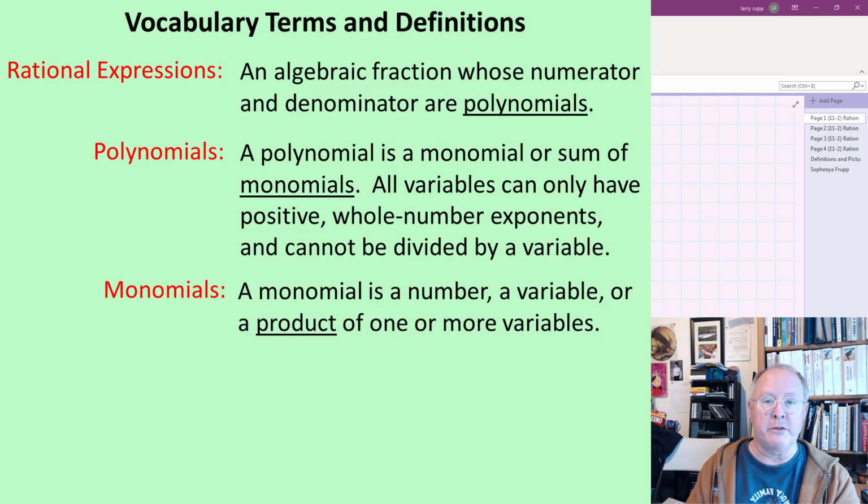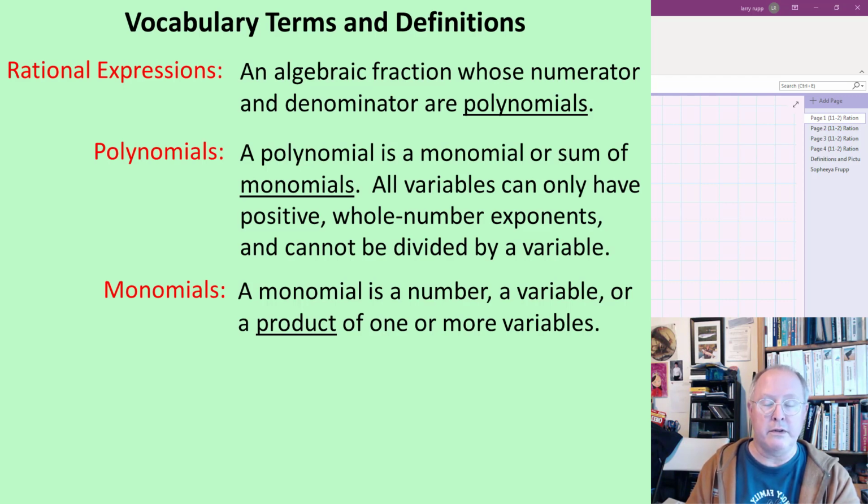Since now we have polynomials, but they're made up of monomials. So what are monomials? A monomial is a number, a variable, or a product of one or more variables. Okay, so xy is a monomial. All right, so much for definitions.